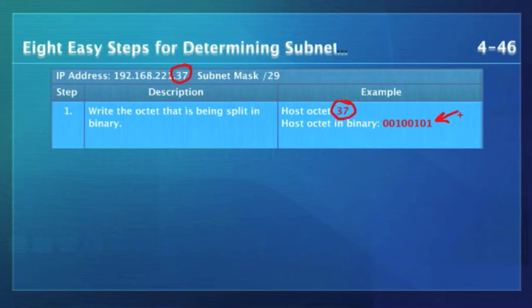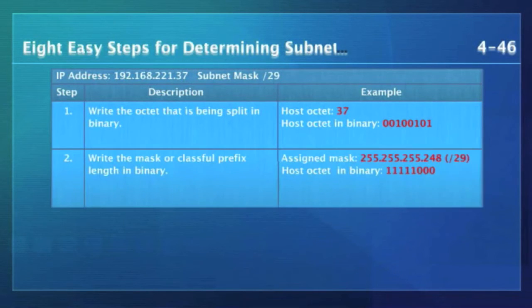All right, the next step is we go ahead and write the mask in binary.